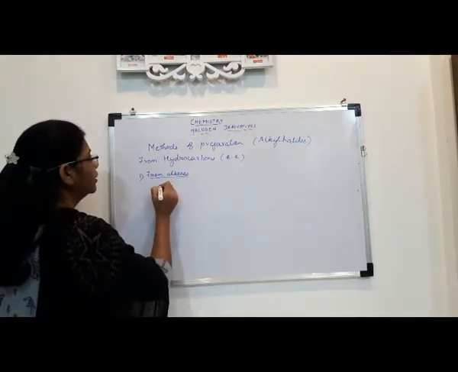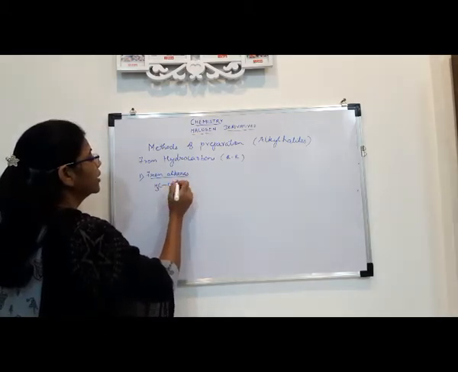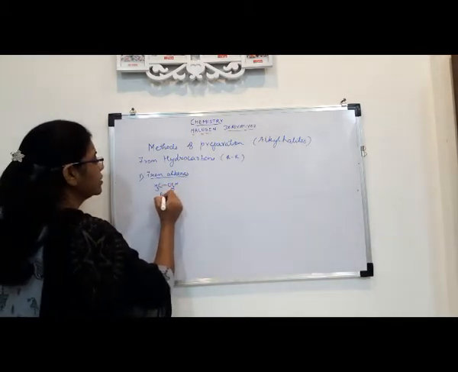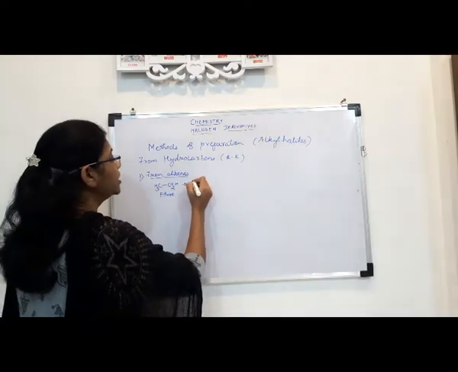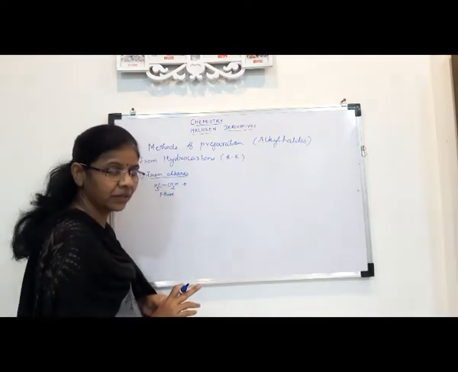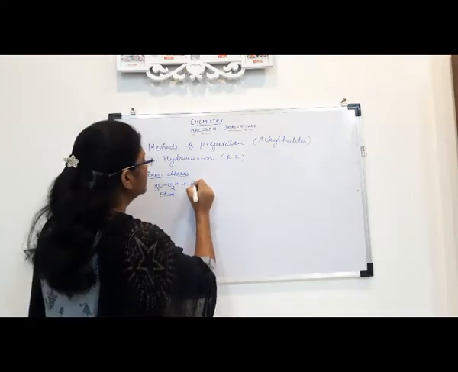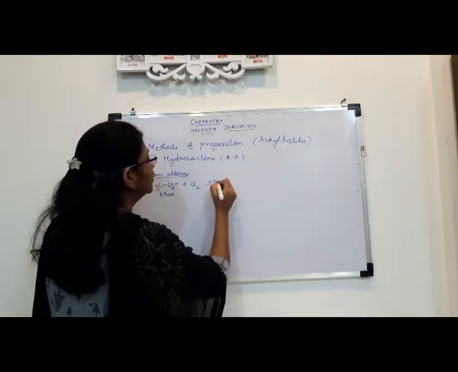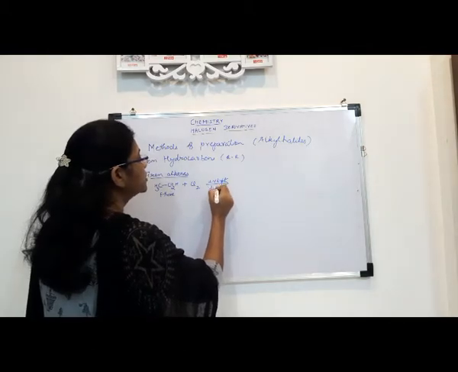if you take an alkane CH3CH2H, which alkane is this? This is ethane. Plus, halogenation of alkanes gives you the corresponding alkyl halides, plus Cl2 in presence of UV light or diffused sunlight.